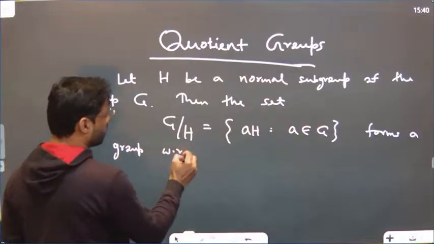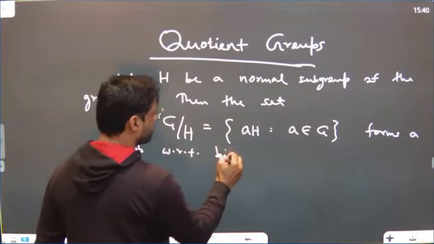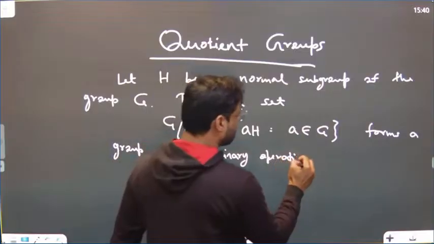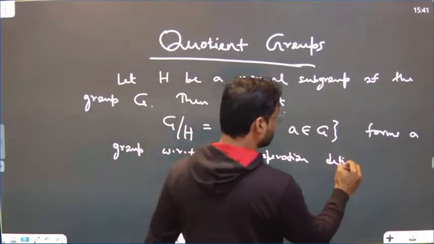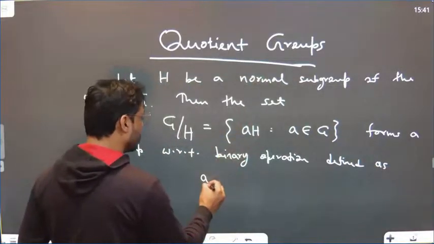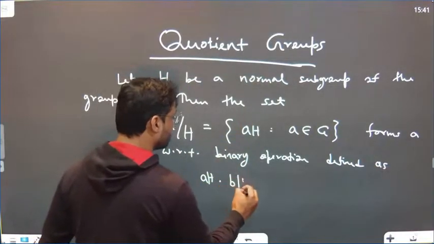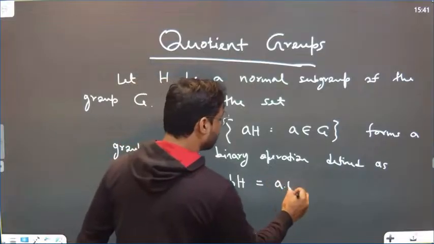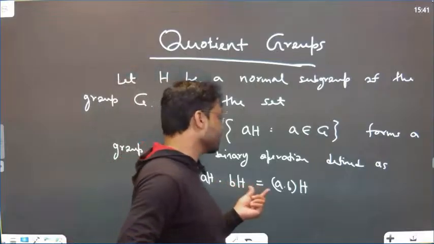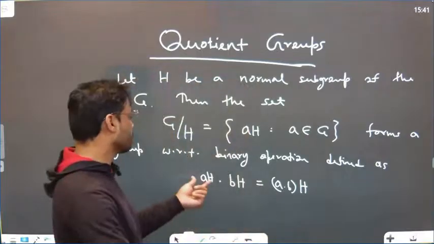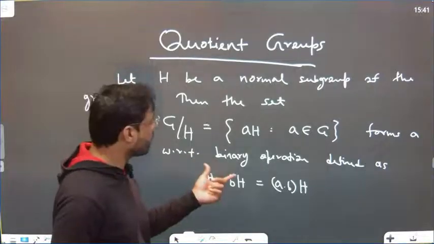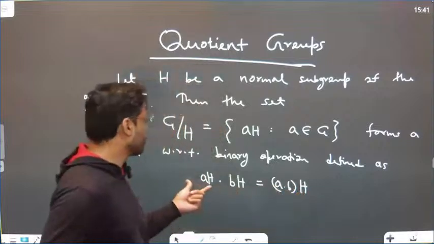with respect to the binary operation defined as: take any two elements aH and bH, then aH dot bH equals ab H, where aH and bH are the left cosets belonging to G by H. That is the quotient set, and it forms a group with respect to this binary operation.